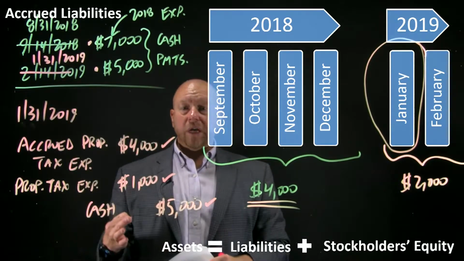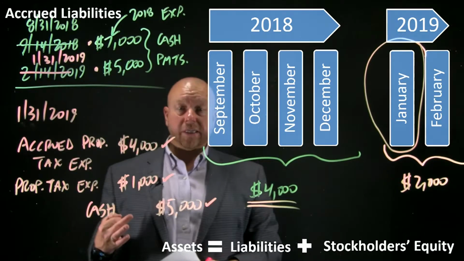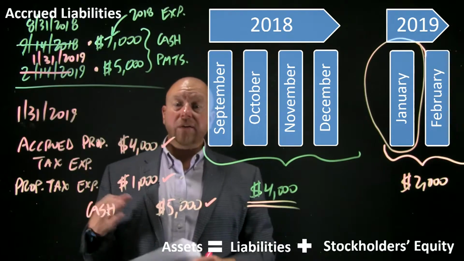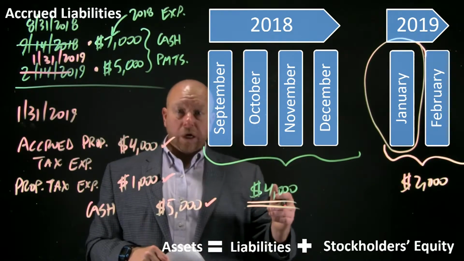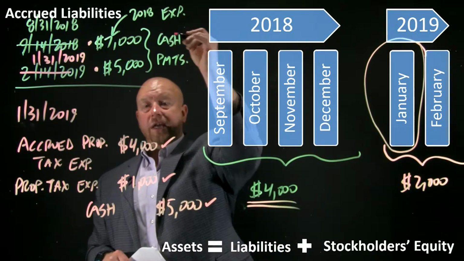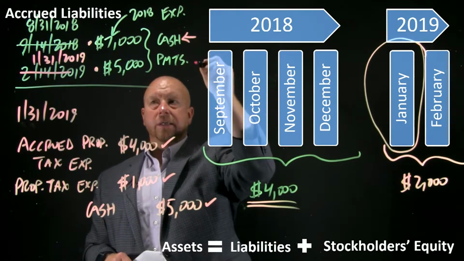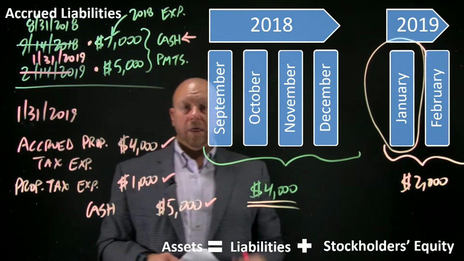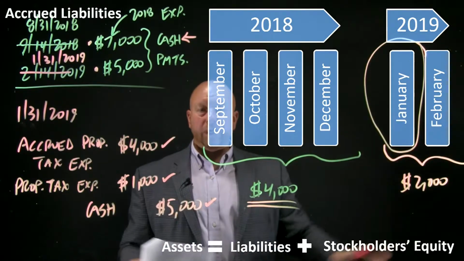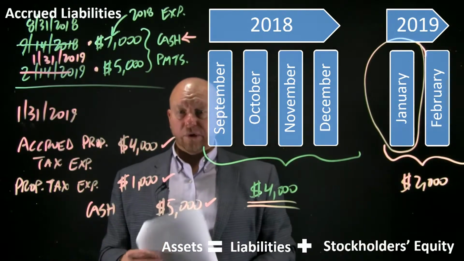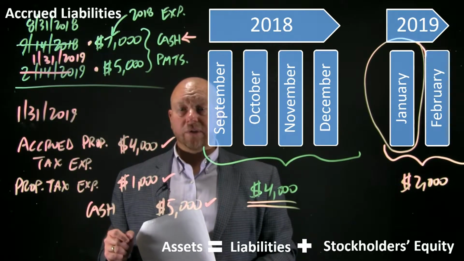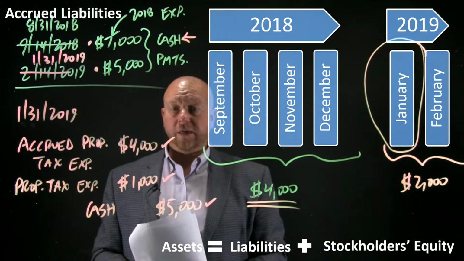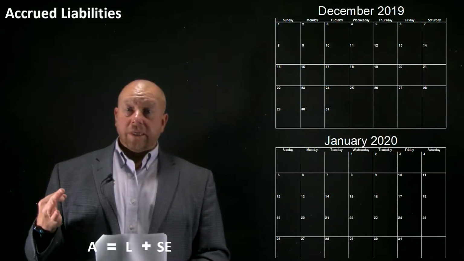So by the time January is finished, our property tax expense for the 2019 fiscal year will be $1,000, and we know that we're going to have transactions similar to this and the accrual to fill out the rest of 2019 so that it will have a full year's worth of property tax expense. But that's a discussion for a different lecture, a transaction for a different day. That was accrued property taxes.